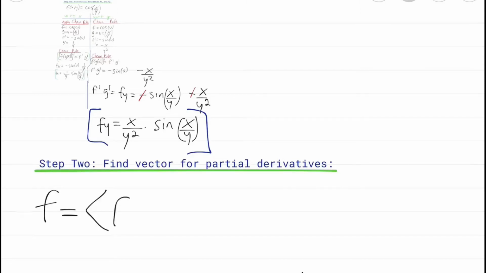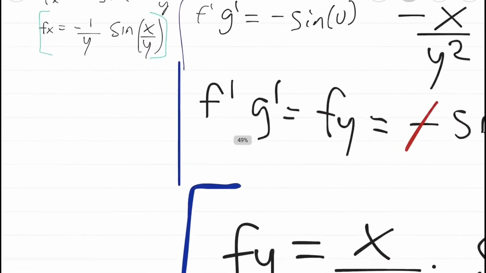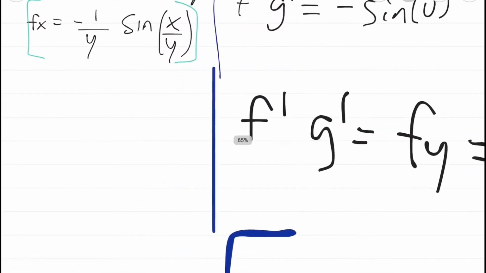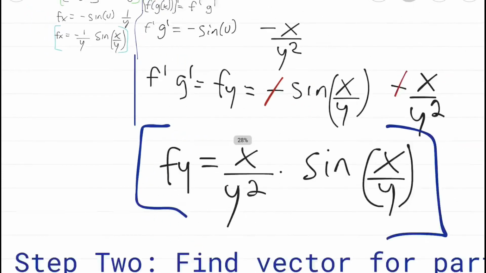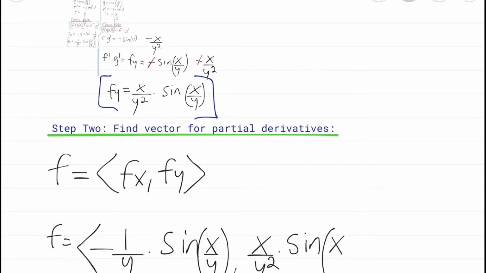Our vector will be partial x, partial y. For partial x we put in negative 1 over y times sine of x over y, and for partial y we got x over y squared times sine of x over y.